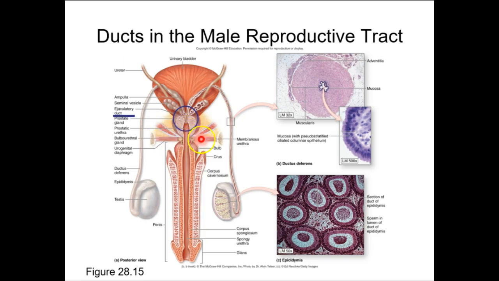As it goes through the pelvic diaphragm, the pelvic floor muscles, we then call it the membranous urethra. And as it goes through the corpus spongiosum, the most central erectile body in the male reproductive system, we call this spongy urethra. And then it goes into the external environment.